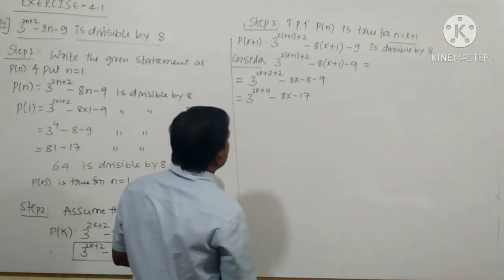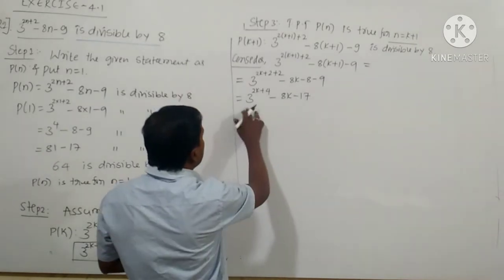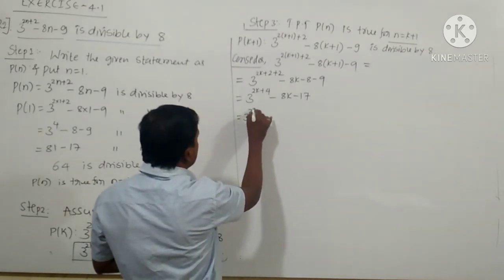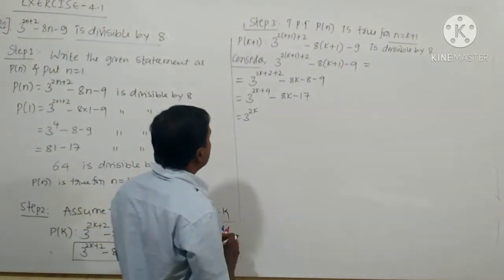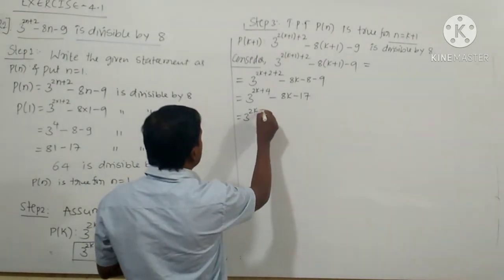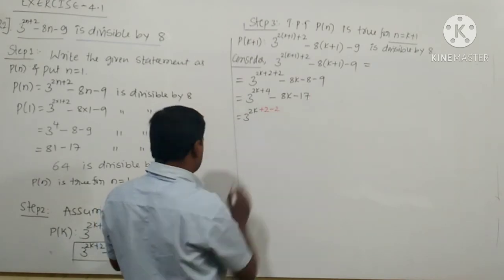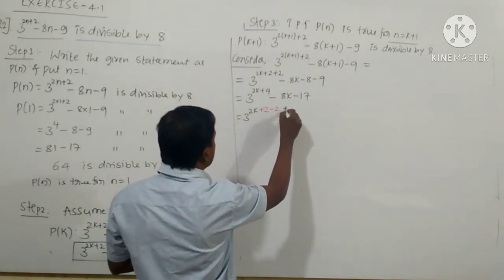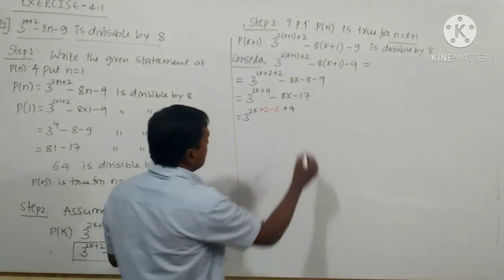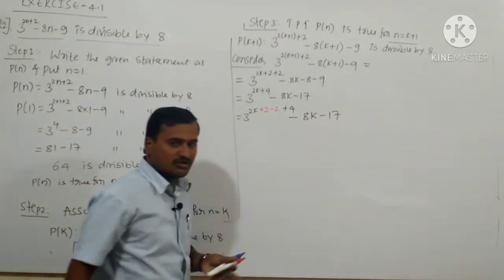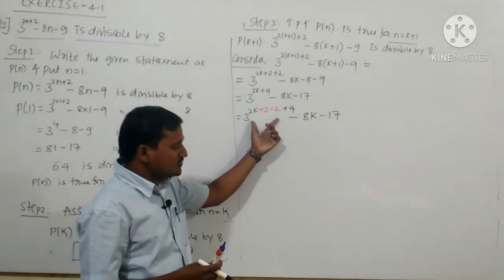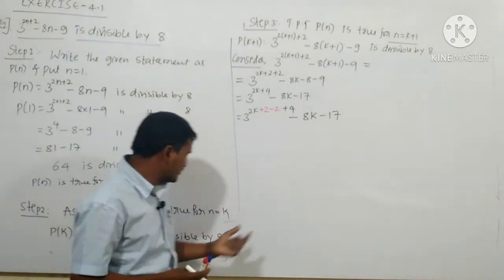Here I will rearrange like this: 3 raised to 2k plus 2 minus 2, and this plus 4 I will write as it is, minus 8k minus 17. So now I should convert this into this form.